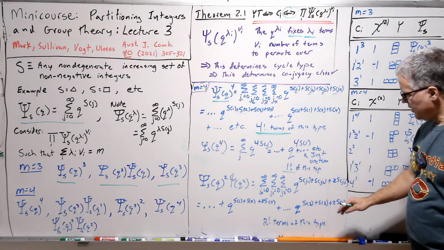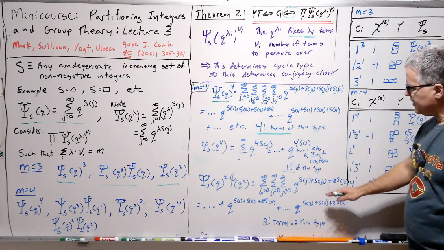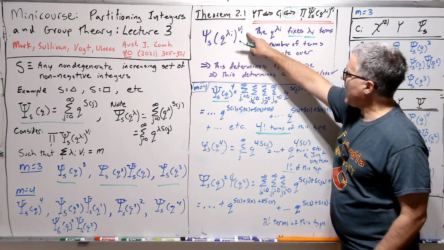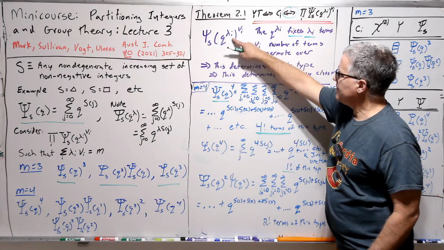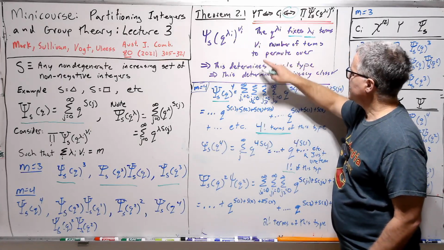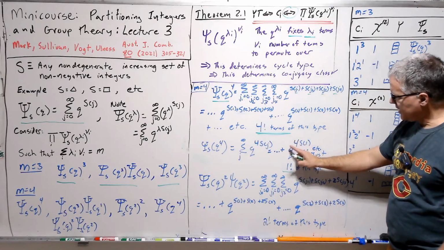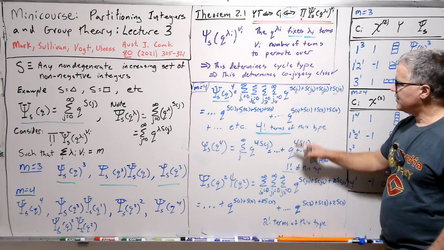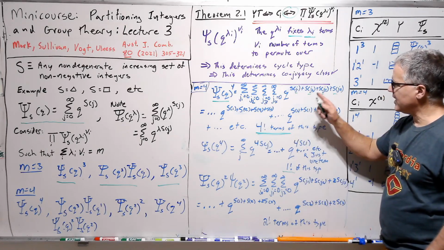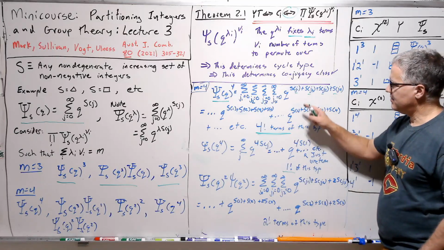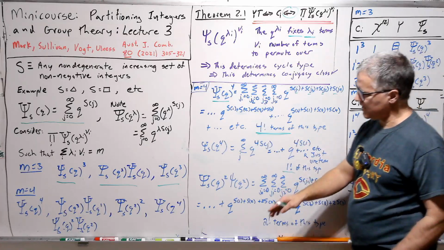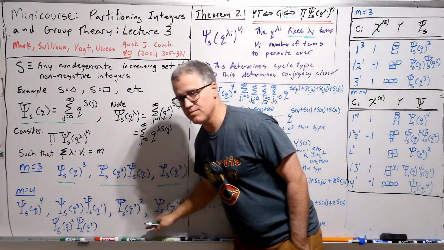Okay, so what does this do? Well, this establishes a connection between what these powers are doing, lambda and nu, right, to what is allowed to cycle through these. So we can attach a conjugacy class to each one of these possible terms, right?